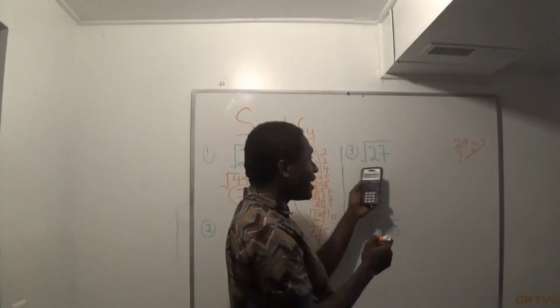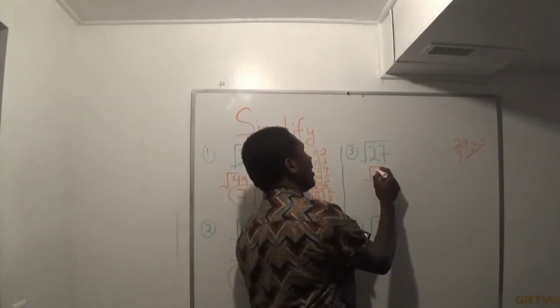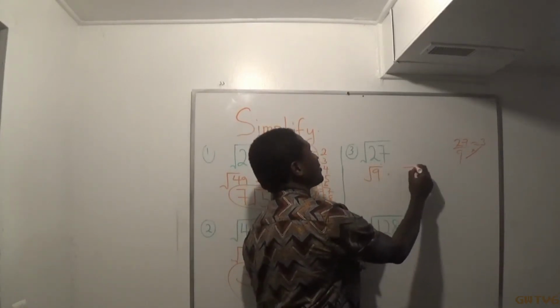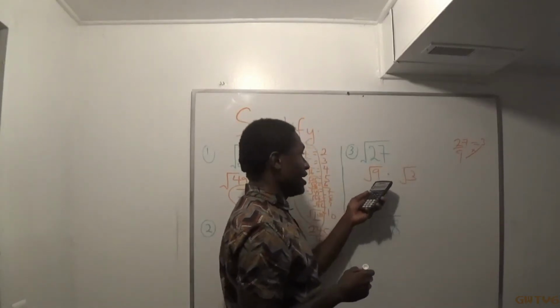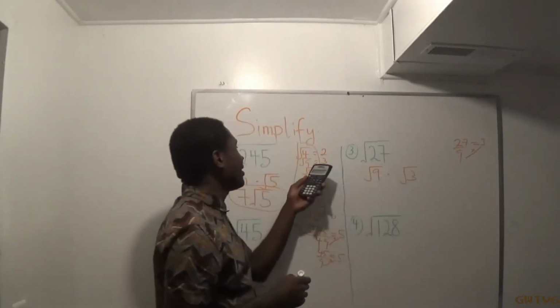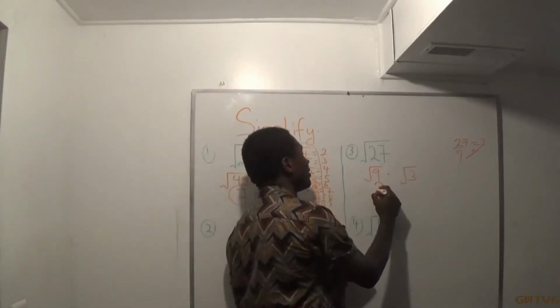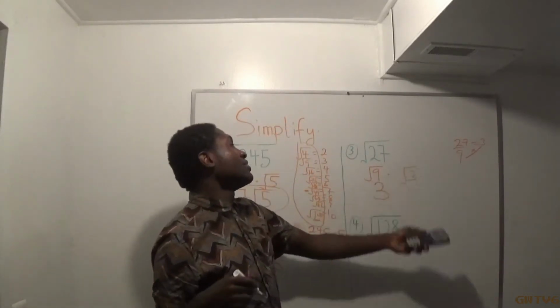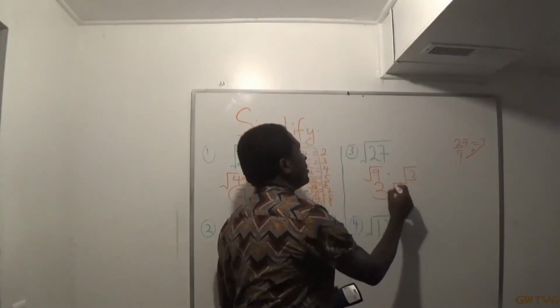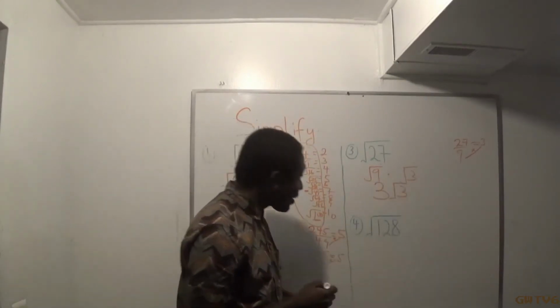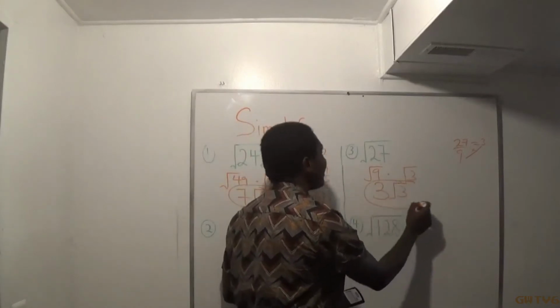So I can break this down into square root of 9 times square root of 3. And square root of 9 is a perfect square. The square root of 9 is a whole number, 3. Square root of 3, there's no square root of 3, so I'm just going to bring that down. So 3 square root of 3 will be my answer.